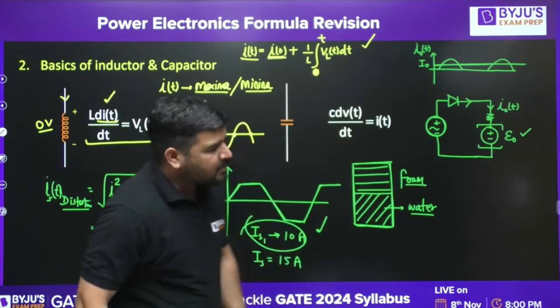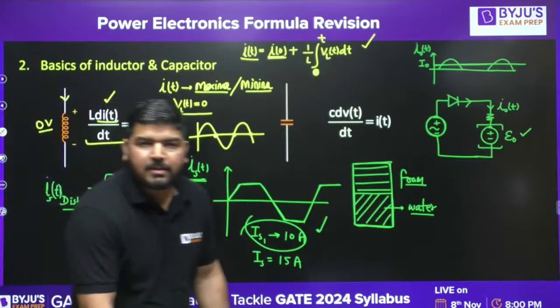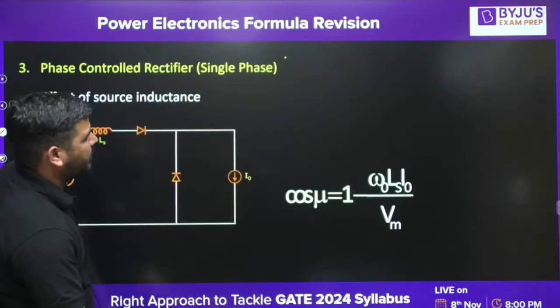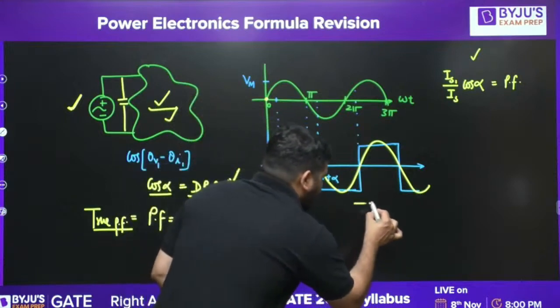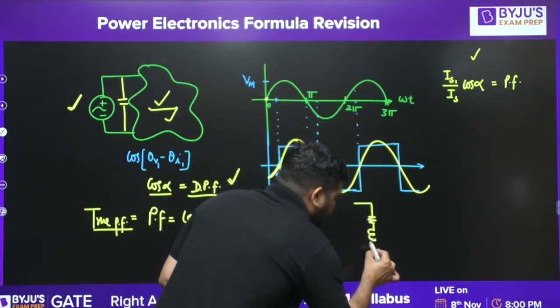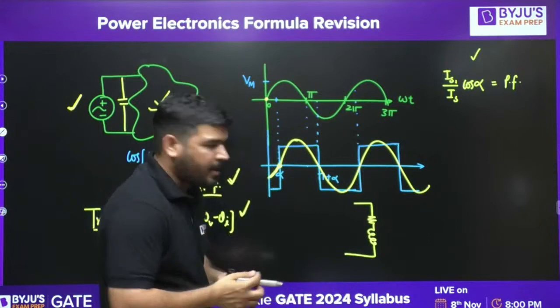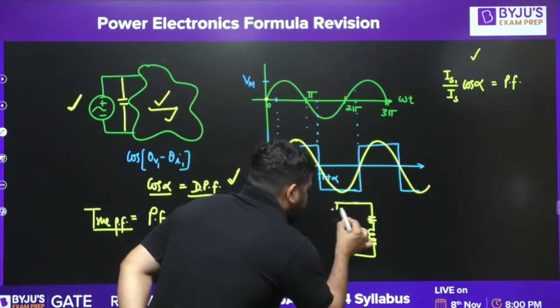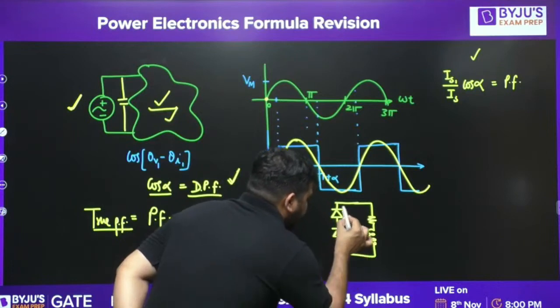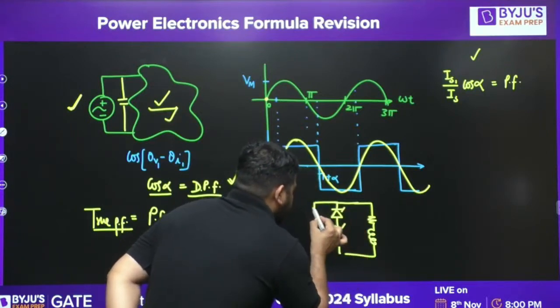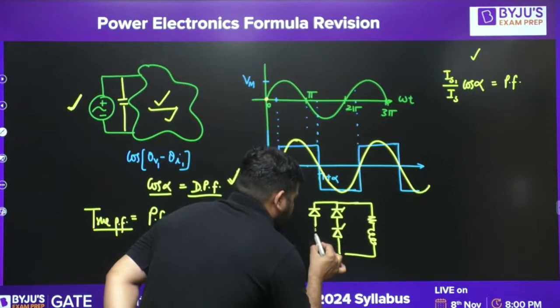Now you will ask me, sir, where am I going to encounter this situation? Let me tell you. Let's say you have an RL load and you have thyristors, as in a phase control rectifier.